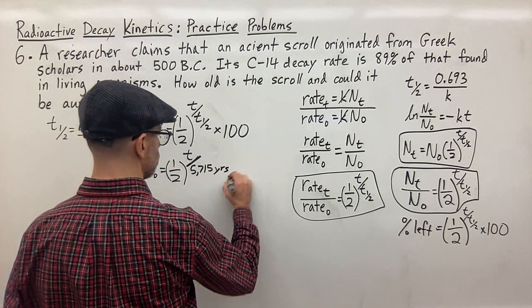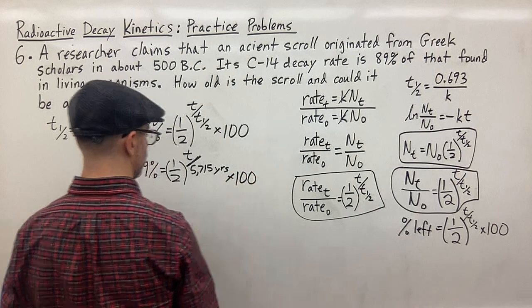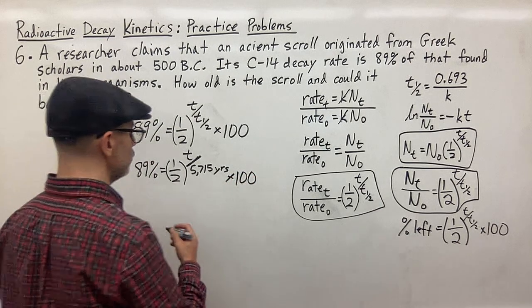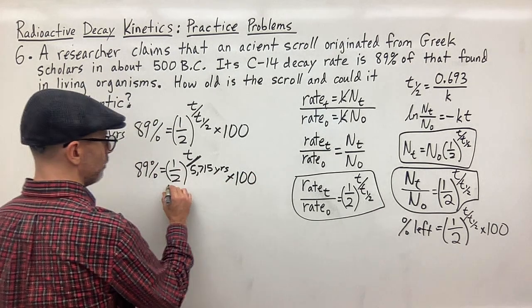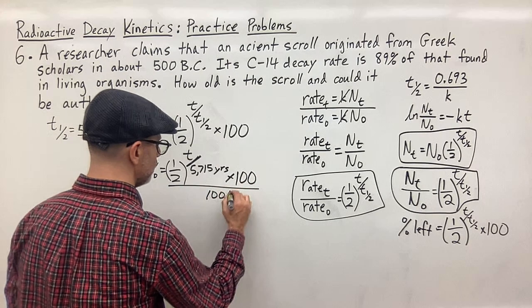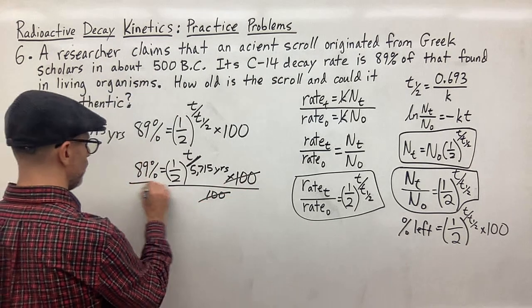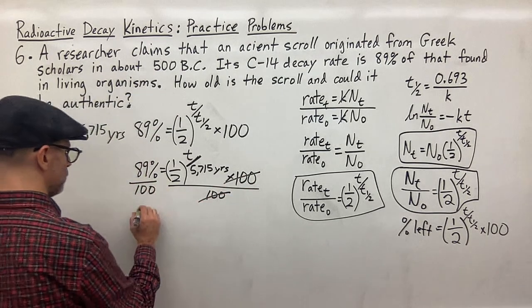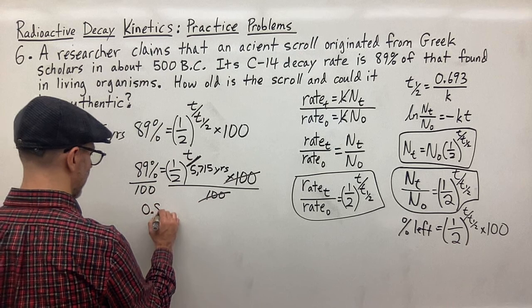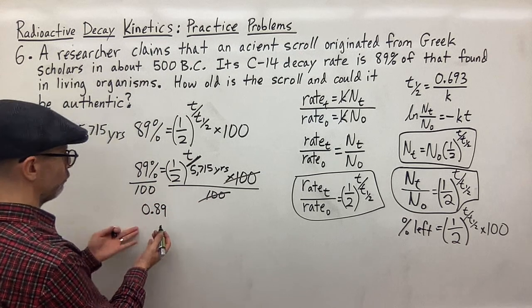And then this is multiplied by 100. So what I want to do is divide both sides by 100 to get rid of the 100. If I divide that, then this becomes 0.89, which is now the fractional amount.